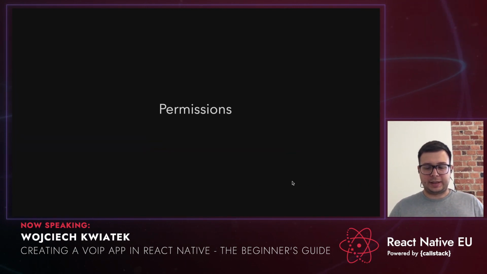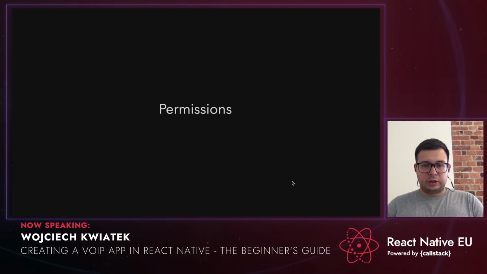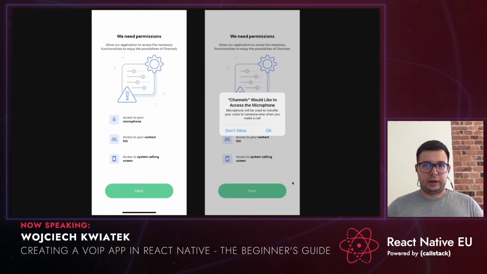We need a set of permissions. I put it as a separate topic because recently Android and iOS are trying to protect their users, and they're trying to give them visibility of what's going on with their devices.